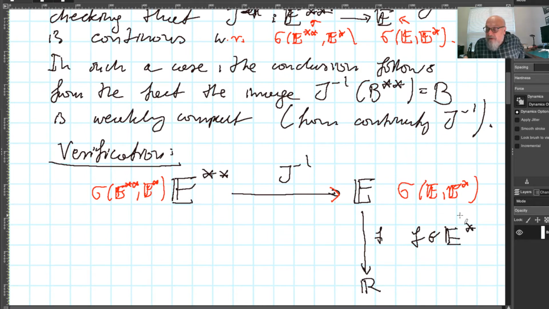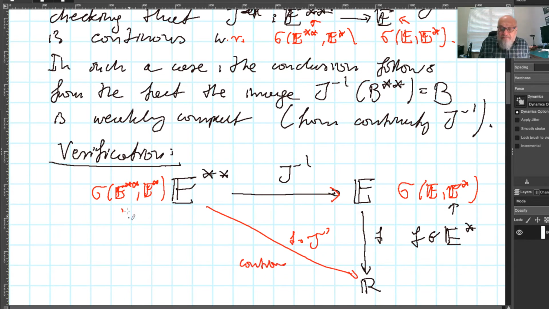So that means the map J minus 1 is continuous with respect to these topologies if and only if the composition of J minus 1 with F is continuous from E double star to R with respect to this topology. So that's quite simple to check. So let us check it.